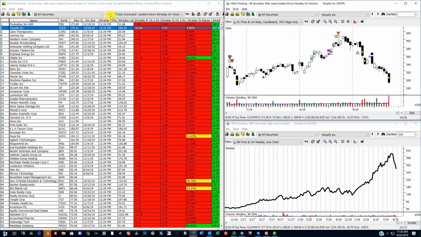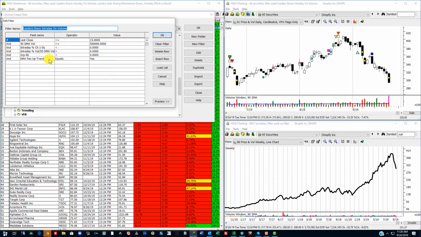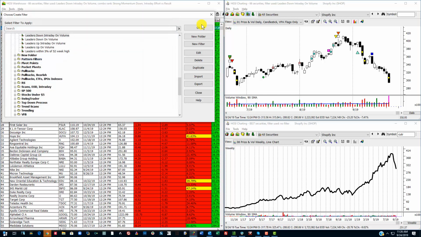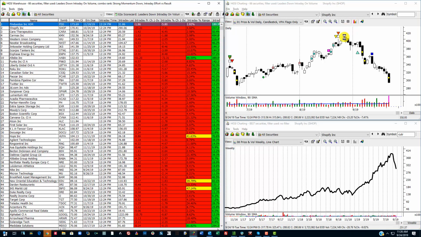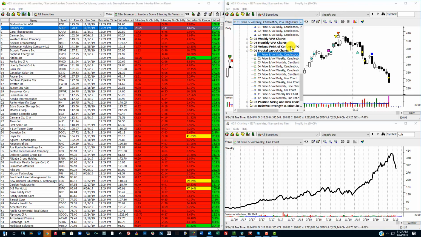Even though it is going down, it has a fan up in place, I'm sorry. So it tells me that this was a leader that is now falling off. How do I know the fan is still in place? Well, I'm going to go up here to my daily charts.